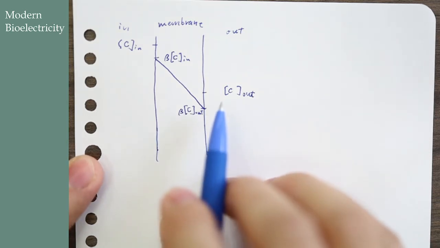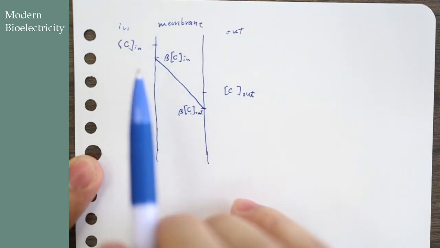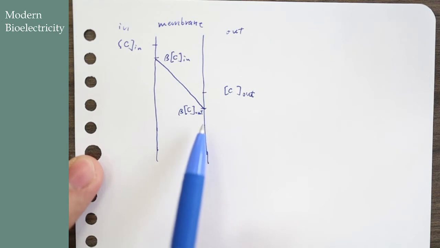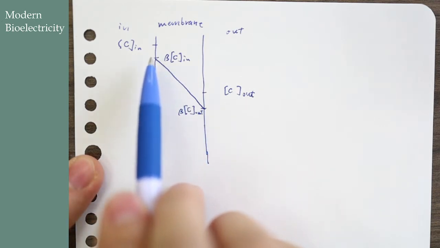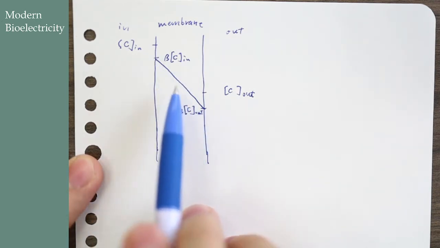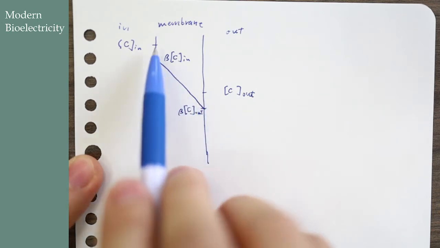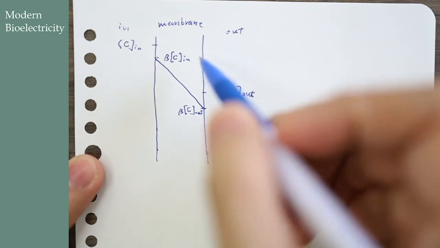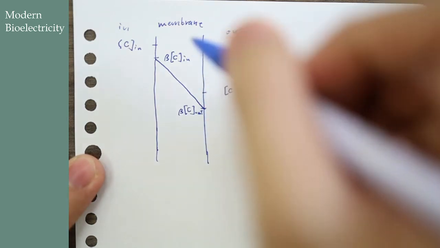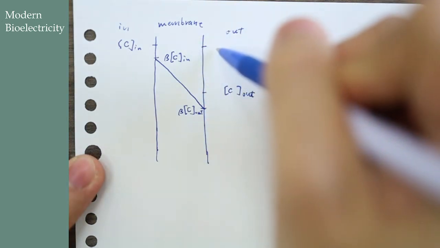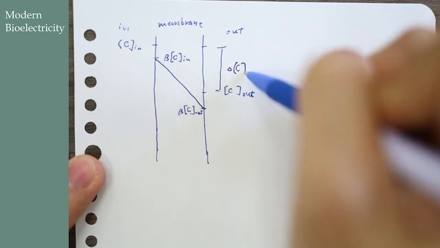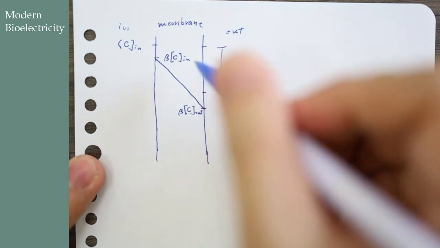So in the Goldman-Hodgkin-Katz equation, we assume that the ion concentration inside the lipid bilayer gradually degrades at a constant rate. So this slope is constant. And then this delta C is the difference between inside of the membrane and outside of the membrane.